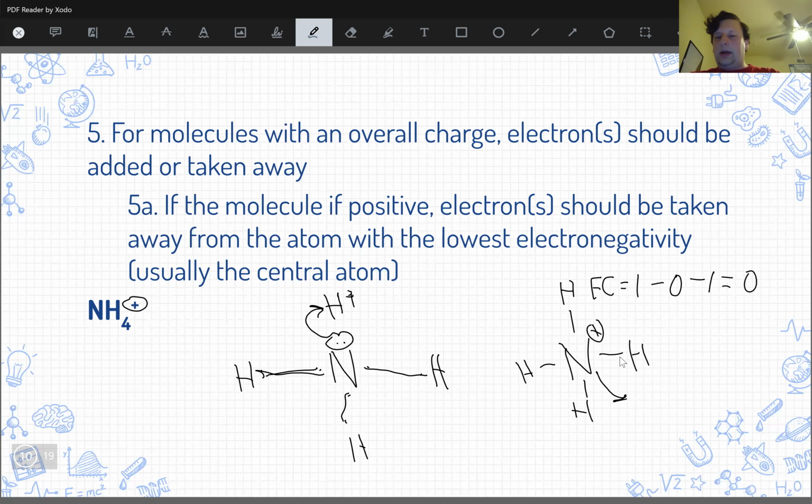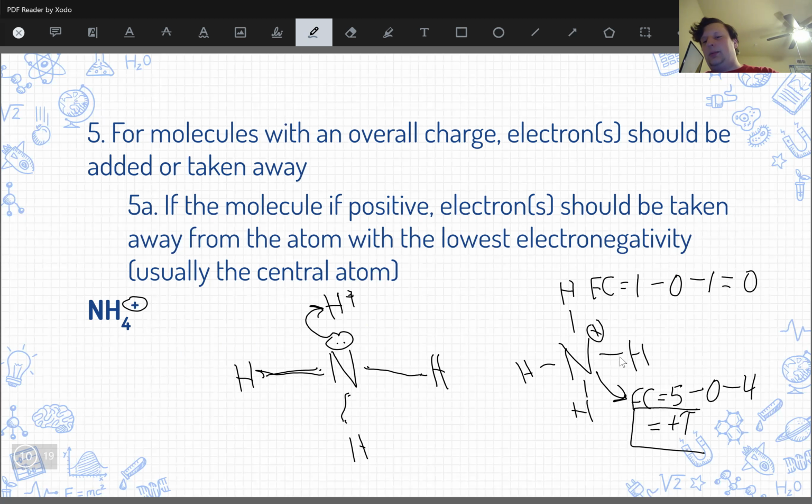Then if we try the nitrogen, formal charge is equal to, nitrogen typically only has 5 valence electrons based on where it is on the periodic table. It doesn't have any non-bonding electrons, and then it has 4 bonds on it. So it currently has a +1 charge.